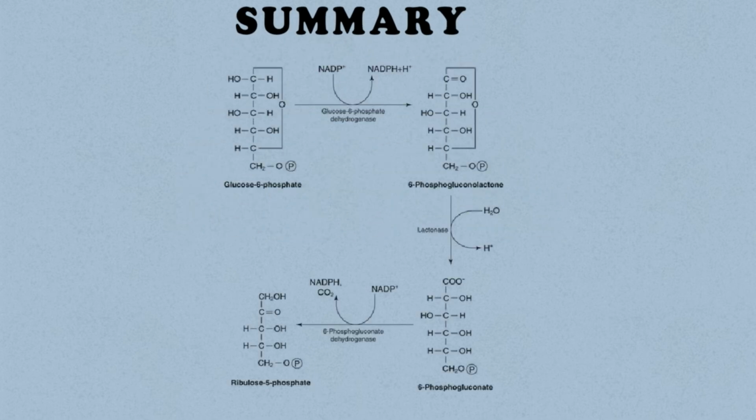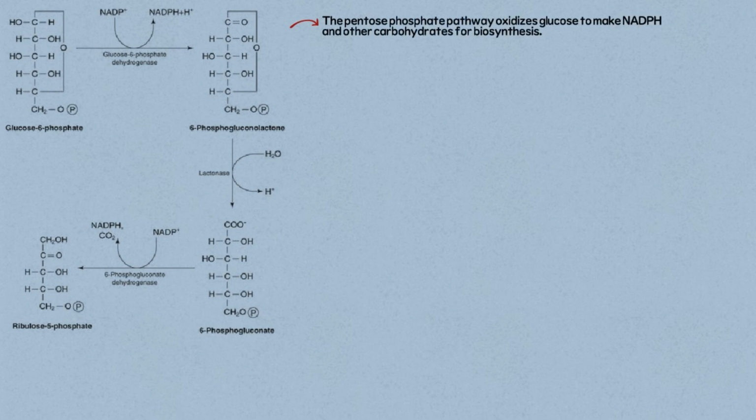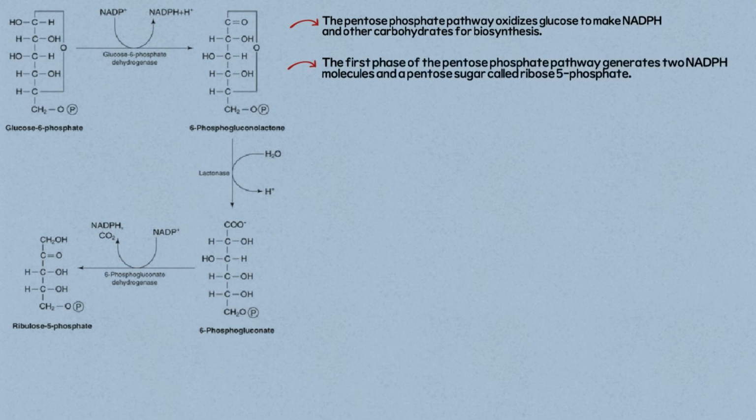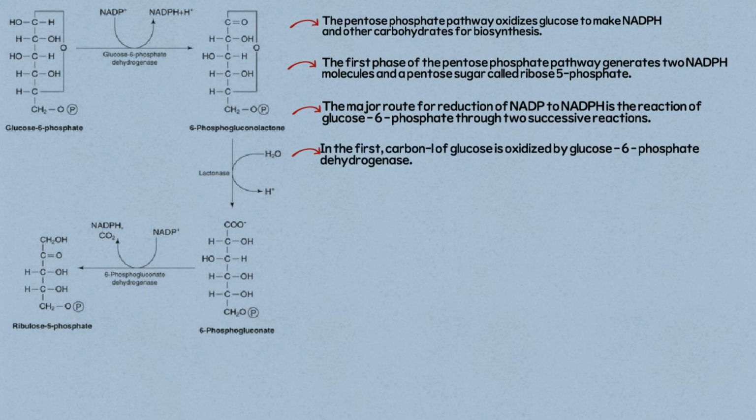The pentose phosphate pathway oxidizes glucose to make NADPH and other carbohydrates for biosynthesis. The first phase of the pentose phosphate pathway generates two NADPH molecules and a pentose sugar called ribose 5-phosphate. The major route for reduction of NADP to NADPH is the reaction of glucose 6-phosphate through two successive reactions.